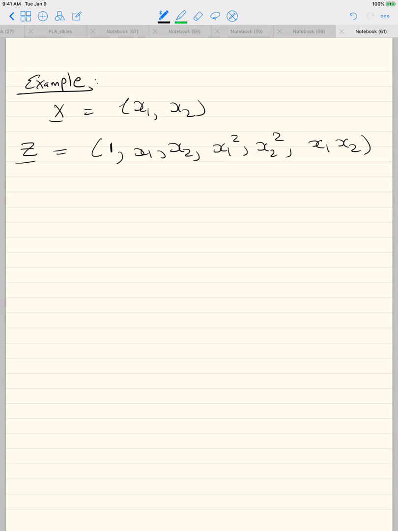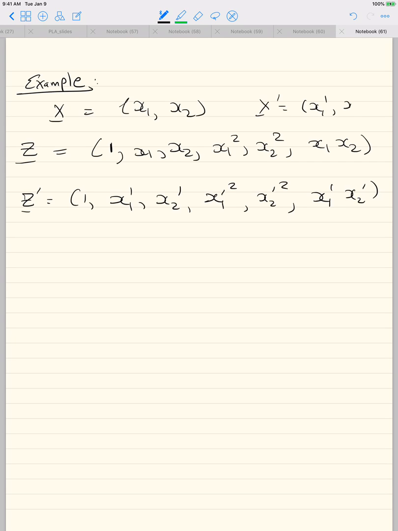Now, if we were to compute, say, z transpose z prime, so we have another vector, say z prime, which is 1, x1 prime, x2 prime, x1 prime square, x2 prime square, x1 prime, x2 prime. So x prime here is x1 prime and x2 prime.